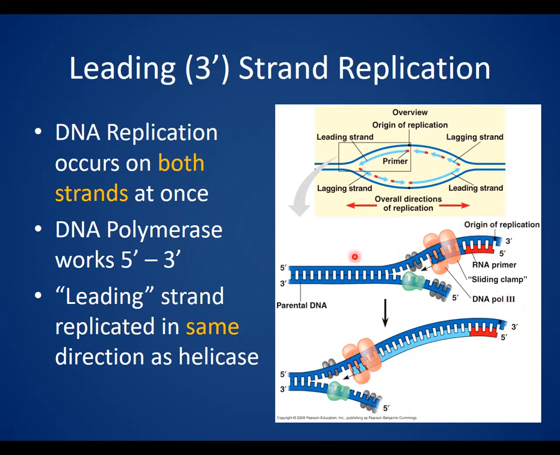And that's leading strand replication. The DNA polymerase is working in its preferred 5' to 3' direction, so is the helicase. And so they simply both move in unison. Leading strand replication is simple. Both molecules move in the same direction, helicase and DNA polymerase, and this makes one copy of the top strand.